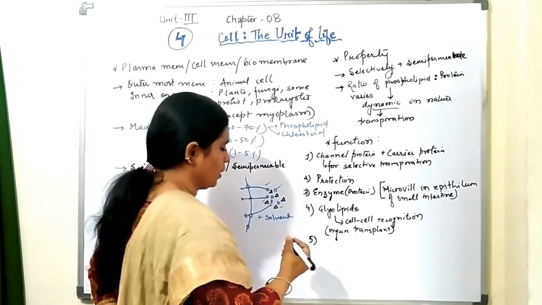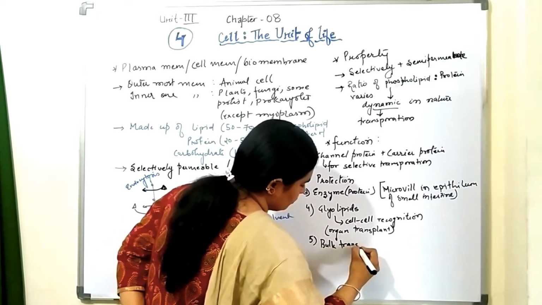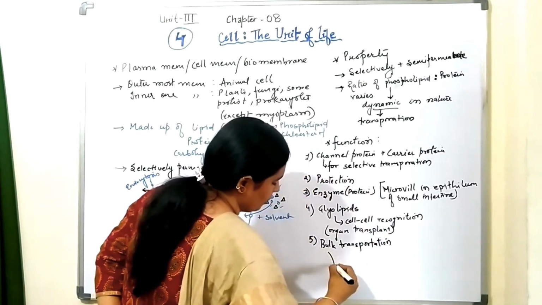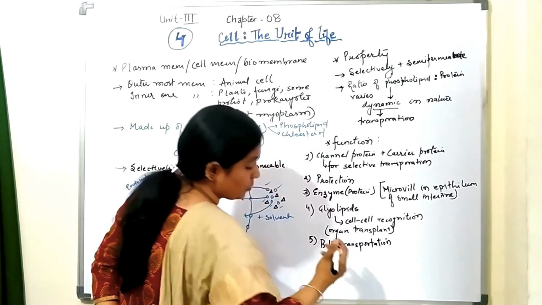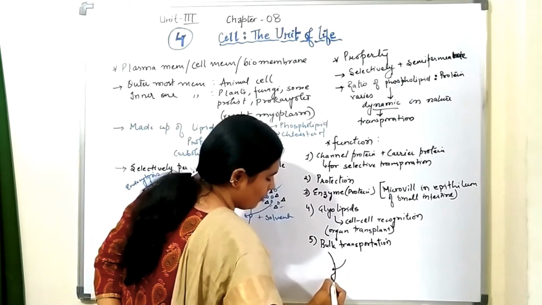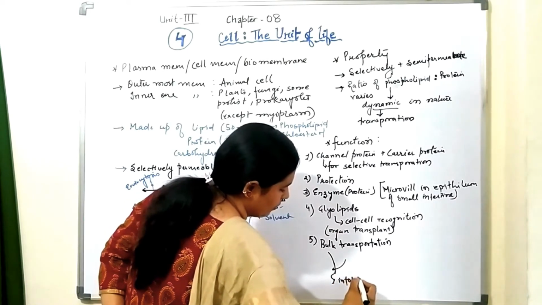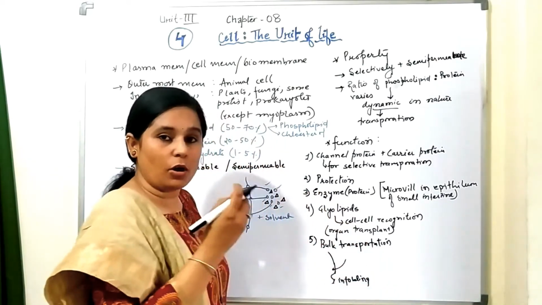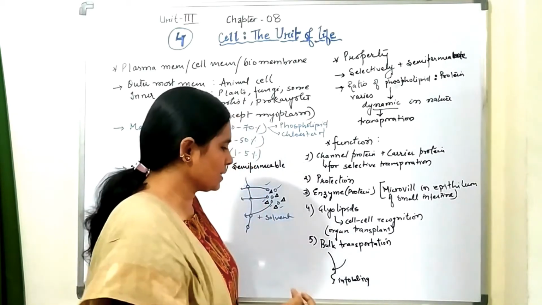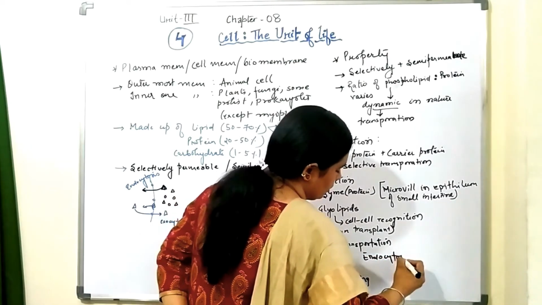And last one is in the bulk transportation. Bulk transportation means, if we want to transport a bulk amount of things inside the cell, in that case the cell will have some infolding. ठीक है, infolding जो होता है, that infolding in the membrane will cause the movement of a large amount of molecules inside the cell, and that process is called endocytosis.